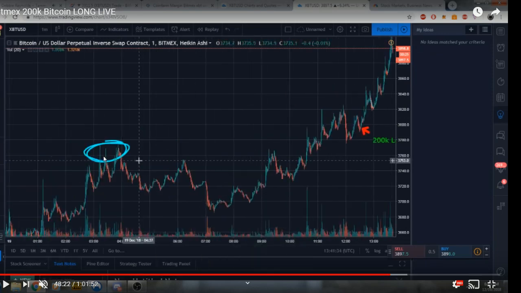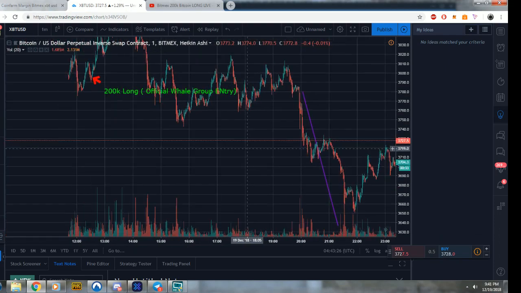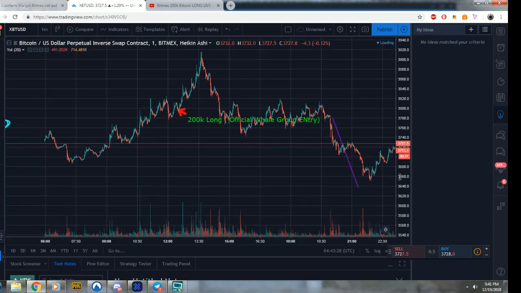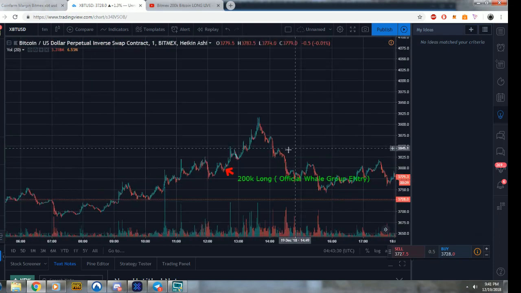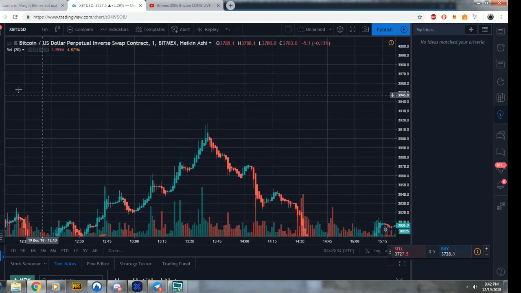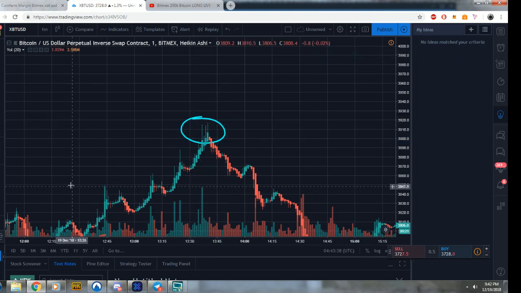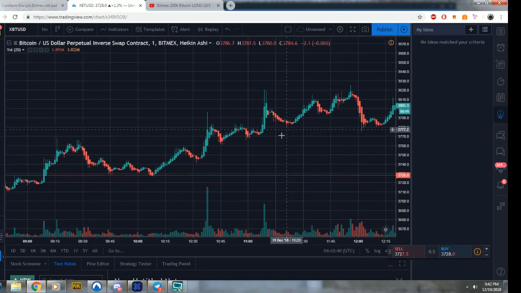So remember this. 3 hairs. This was just after a huge pump. Let's see if we can find it. Here we go. 3, always an important number, right? Those 3 candle hairs.